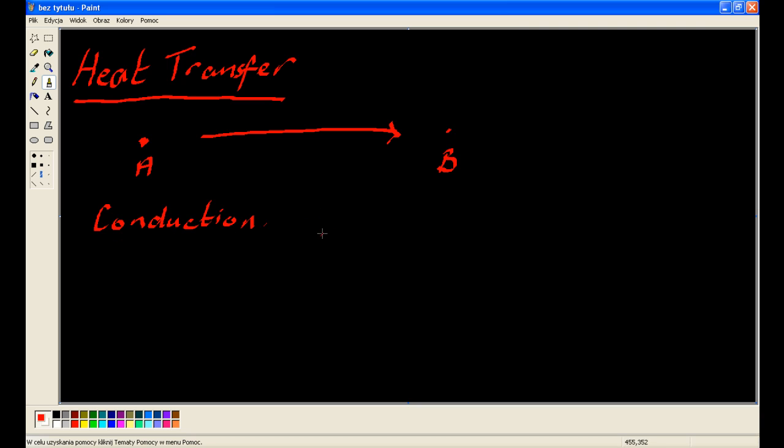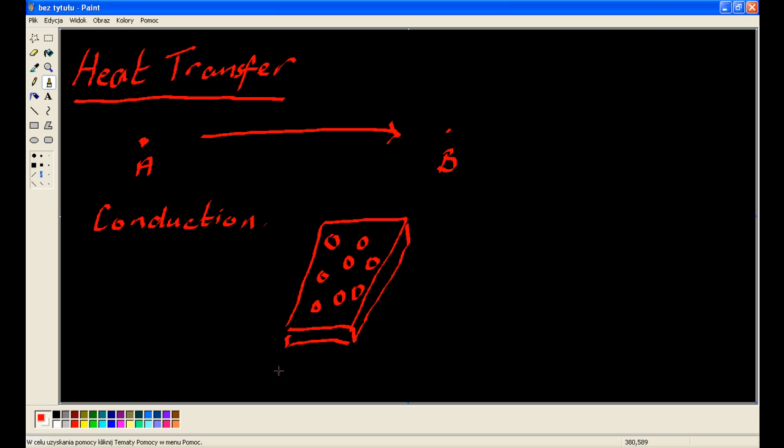Now, imagine that we have something solid, a piece of wood or a piece of metal or something like this. There it is. There's a piece of wood or a piece of metal or whatever it is. And inside it, of course, there are lots of atoms or molecules. If we put heat in here, then the molecules will start to vibrate around here. And they will start to bump into each other.